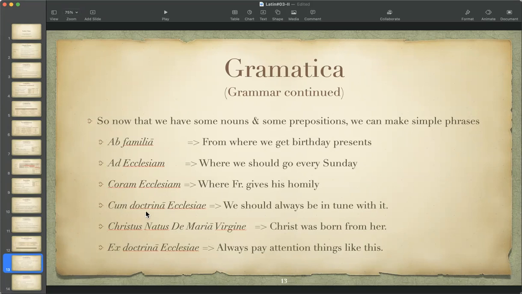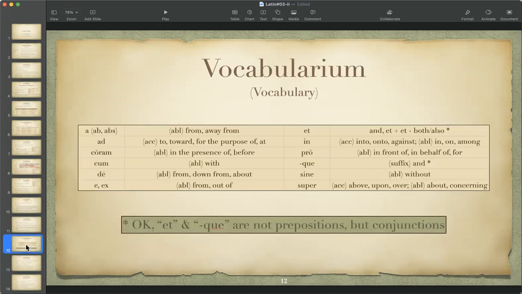Michael, question: if it's in the church, can we use in ecclesiam? No. If you are in the church, then it is in ecclesia, because if you are in, you use the ablative.